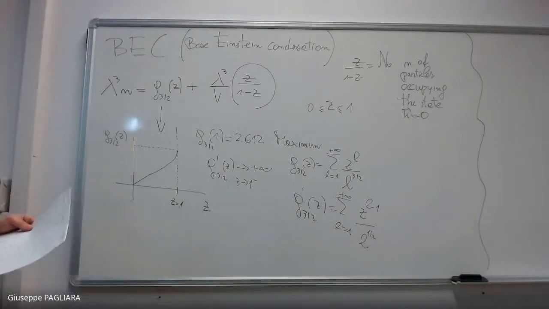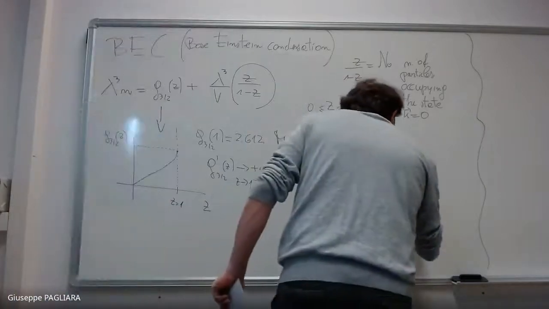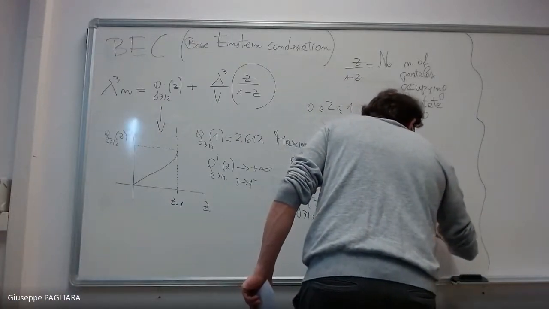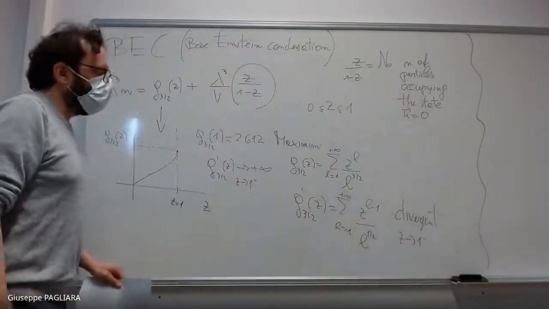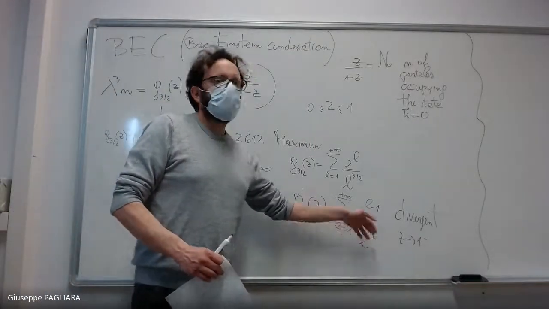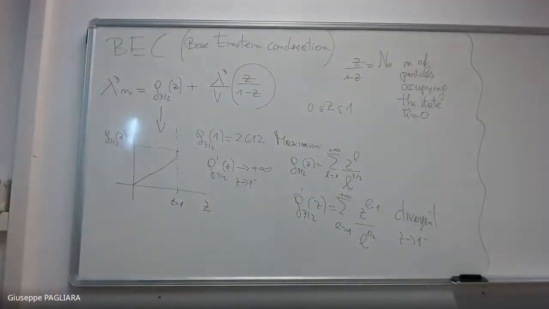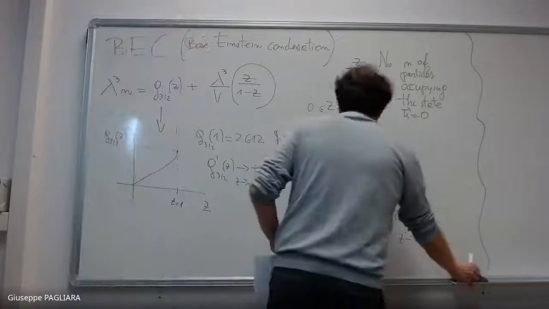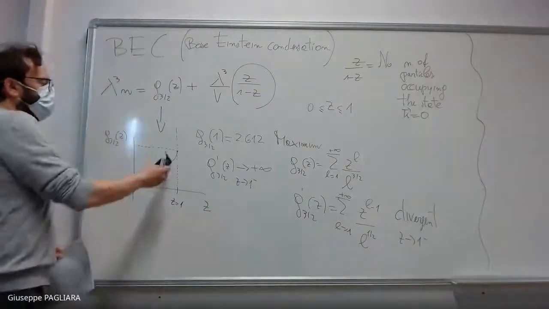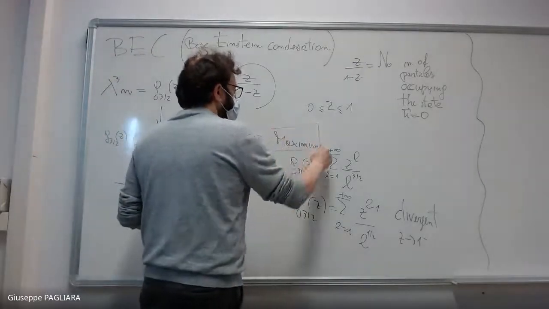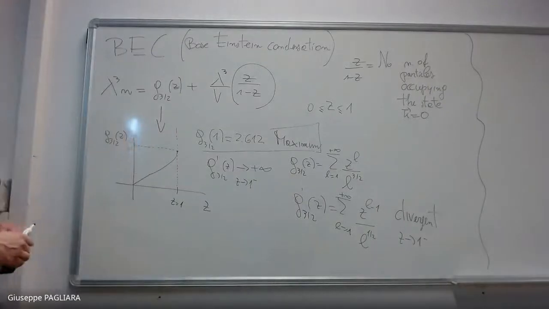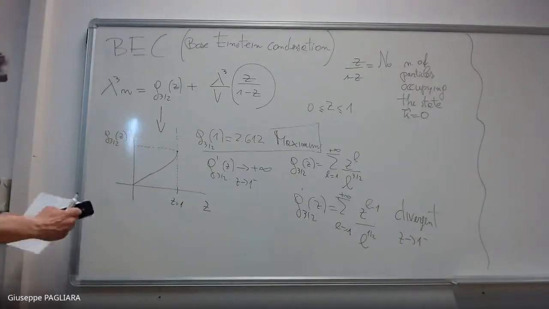And this is divergent when z is equal to 1, no? Because it would be 1 divided by l to the, no, square root of l does not converge this series. Okay, good. So this is not very important for our discussion. What is important is instead that this function here is limited. It has a maximum. This is very important for the reasons that you will see in a moment.